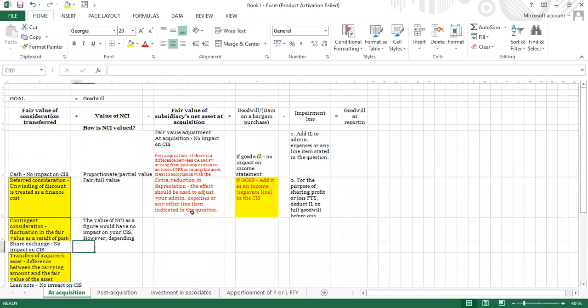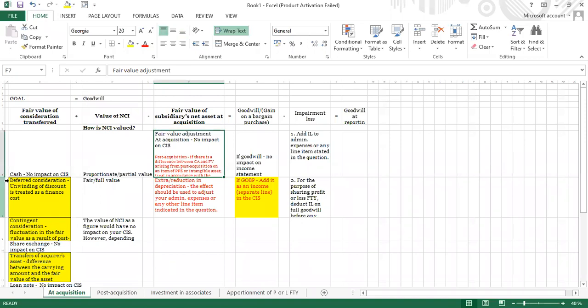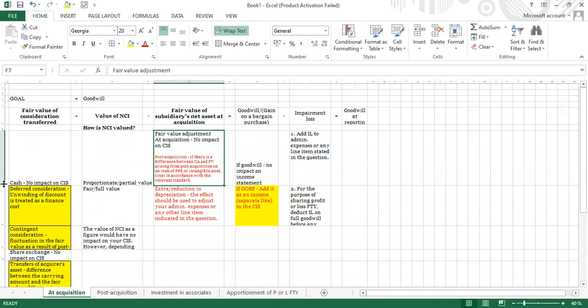Hello, sir. Yes, I'm with you. Sorry, can you come back to the post-acquisition aspect of this fair value of net assets? You say if there is a difference between carrying amount and fair value arising from post acquisition, you treat it in accordance with the relevant standard.